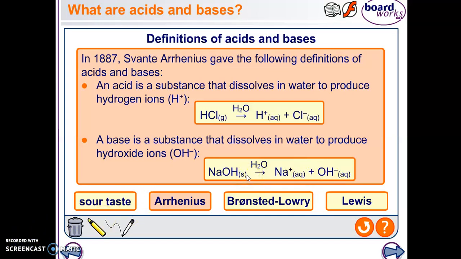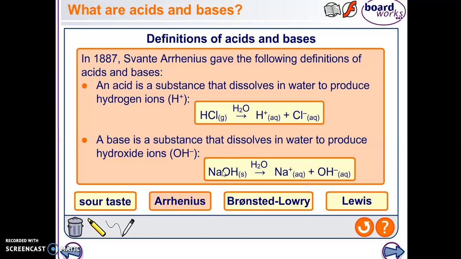Similarly, if we take the example of potassium hydroxide or magnesium hydroxide or aluminum hydroxide, in all these cases, for example, magnesium hydroxide will produce magnesium 2 plus ion and 2 hydroxide ions. Potassium hydroxide on dissolving in water will produce potassium positive ion and OH minus ion.